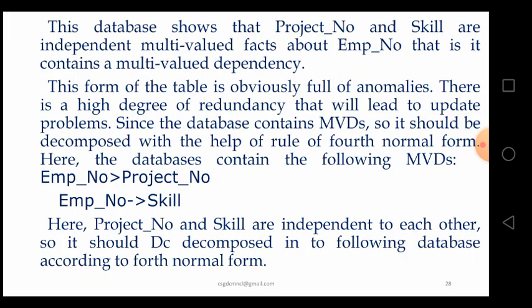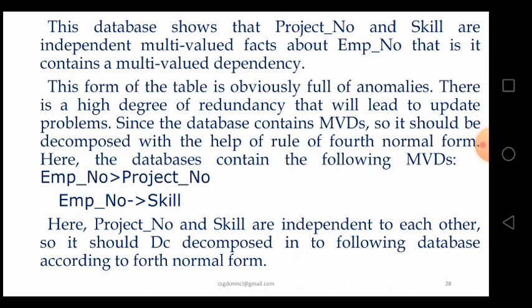This database shows that project number and skill are independent multi-valued facts about employee number, that is, it contains a multi-valued dependency. This form of the table is obviously full of anomalies.